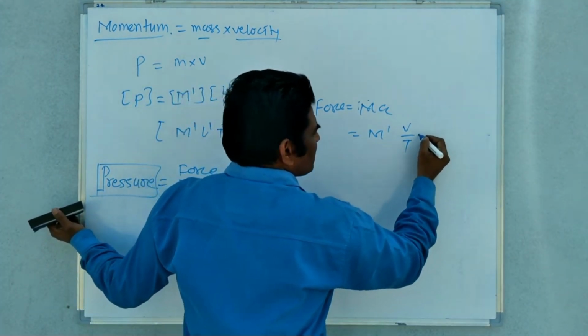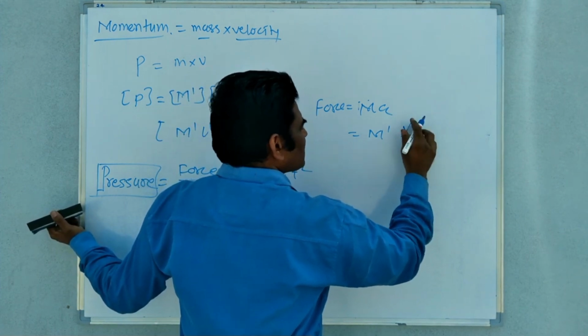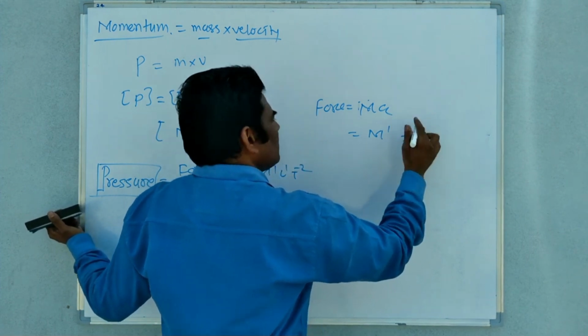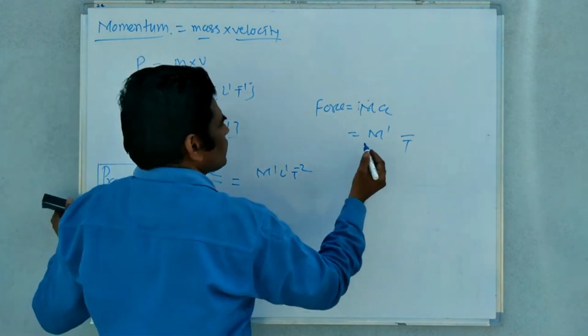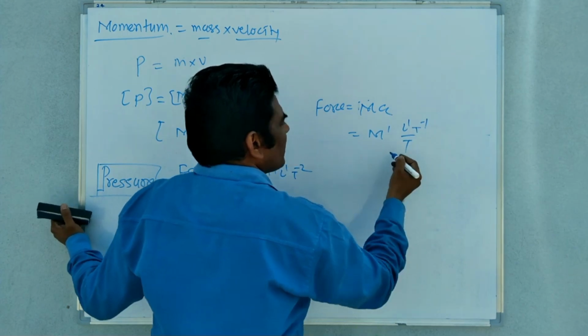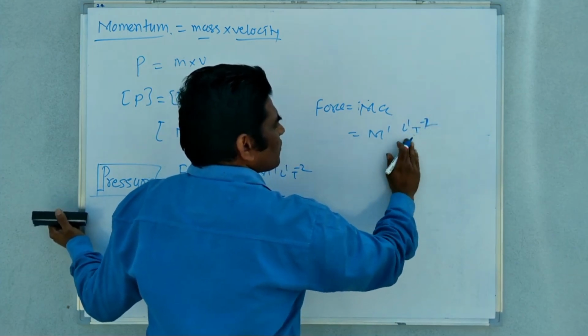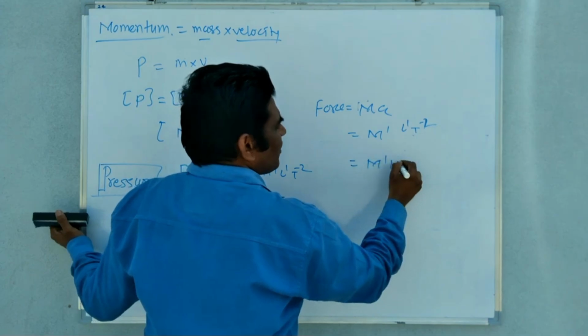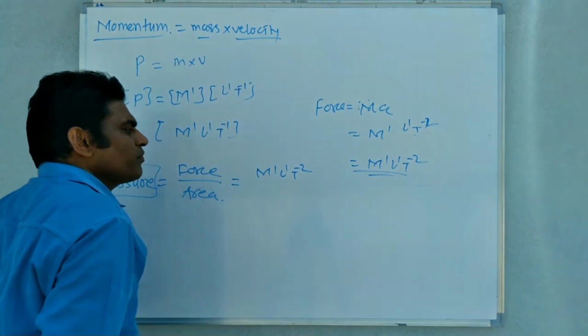Okay. Velocity upon time. Dimensions of velocity are what? Here we have written the dimensions of velocity, L1 T to the power minus 1, and divided by T. So T2. So M1 L1 T to the power minus 2 are the dimensions of force, yes or no?